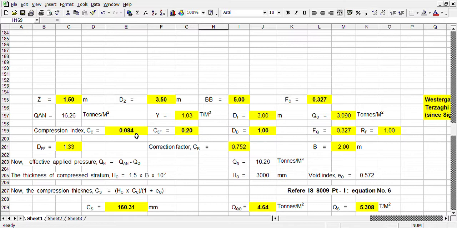So it is better to adopt the compression index either from the consolidation test or from the void ratio, which is recommended by IS 8009 part 1. Very approximately, within a variation of 10%, both are the same.